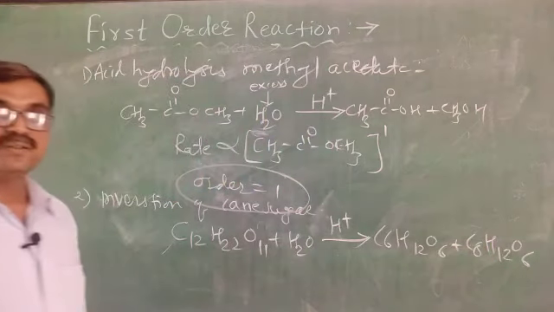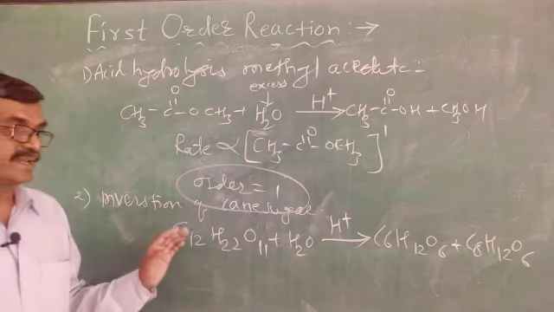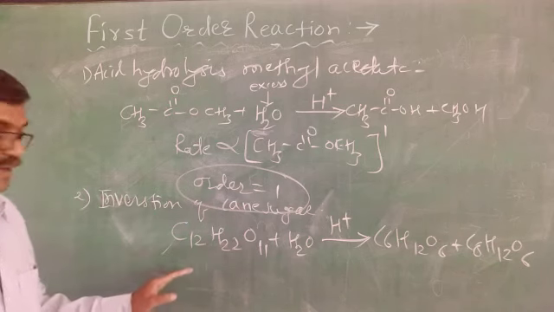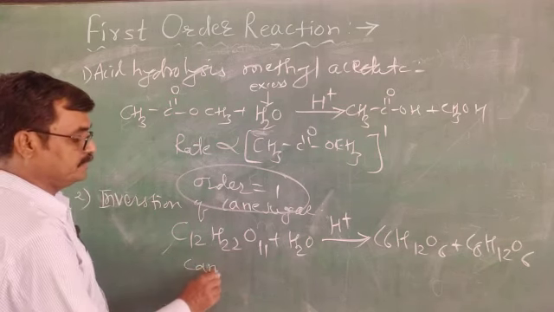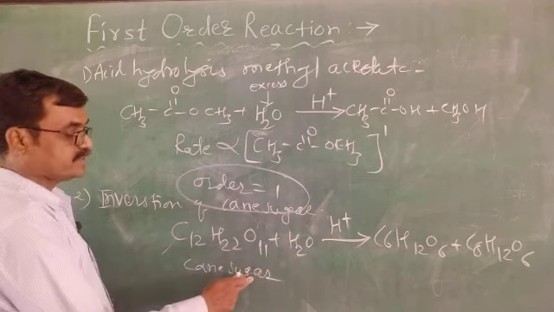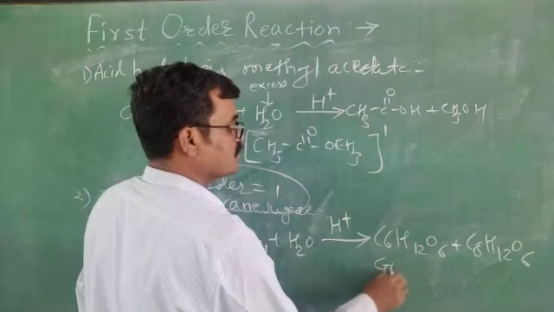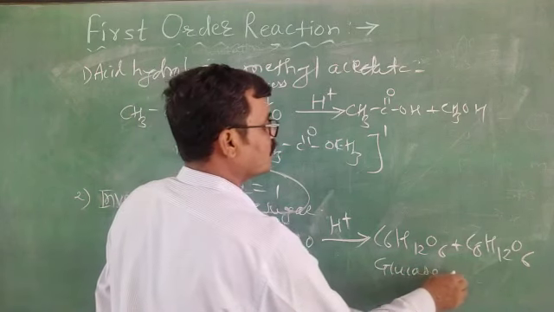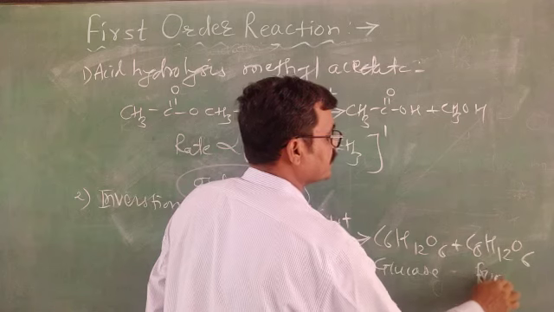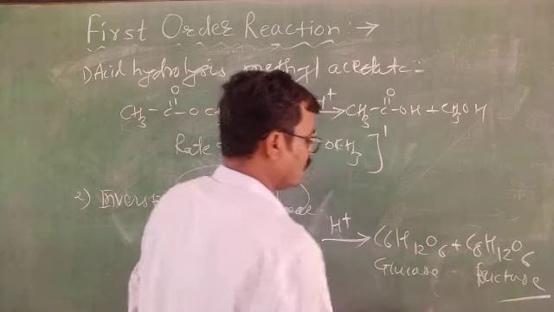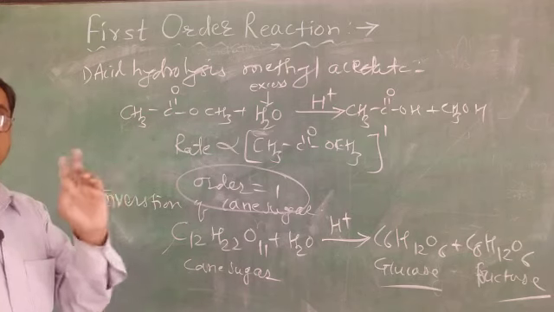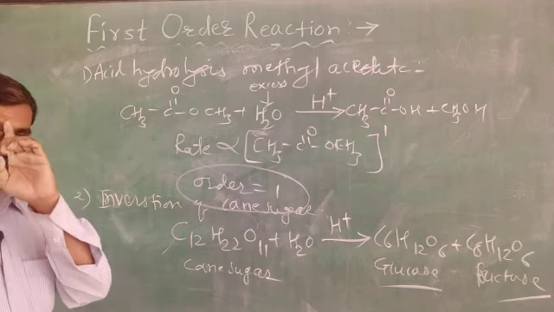You studied this reaction in 12th standard. This is inversion of cane sugar: on acid hydrolysis it gives a mixture of glucose and fructose. These two are the best examples of first order reaction.